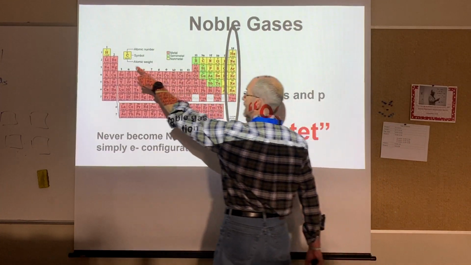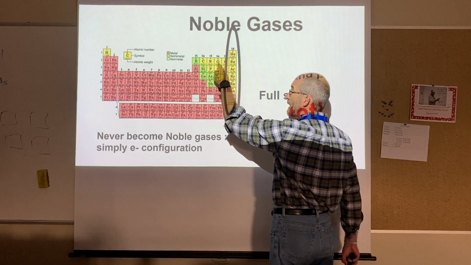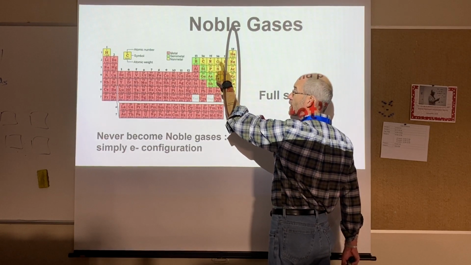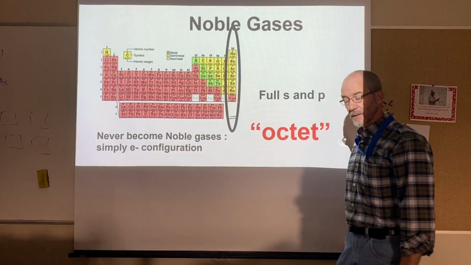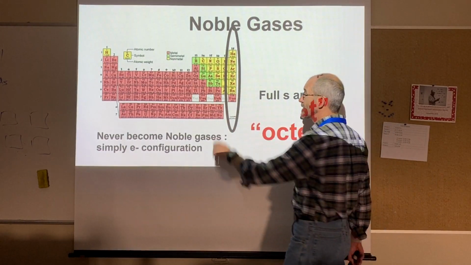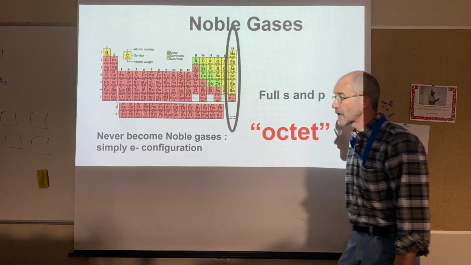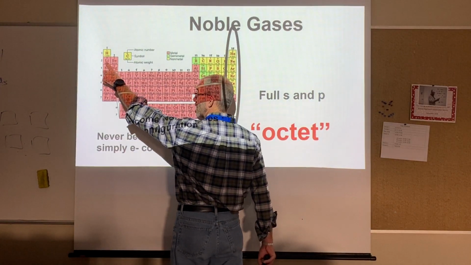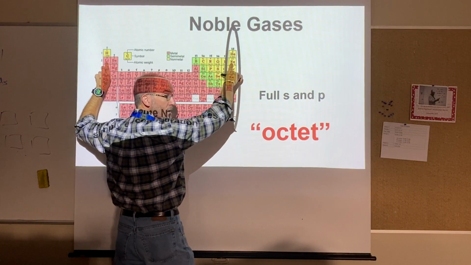If you are an atom in a period, so if you're an atom right in here, look at how close you are. You're very close to reaching this octet. You don't really want to give up electrons, so trying to take your electron would not be an easy task. But what if you're over here? What if you're lithium? Well, lithium is closer to number 2 than it is to number 10.